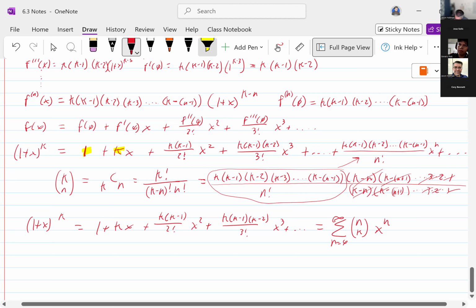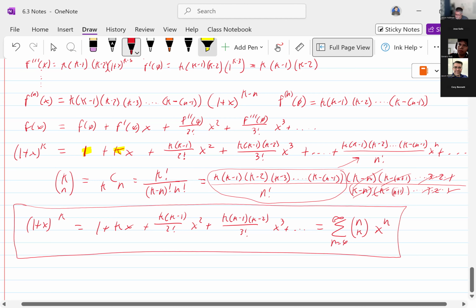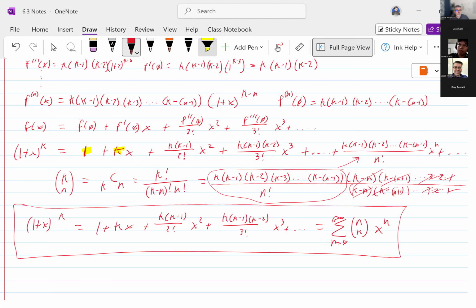So we get a nice formula for the polynomial approximation to a binomial expansion. Say k was 50.